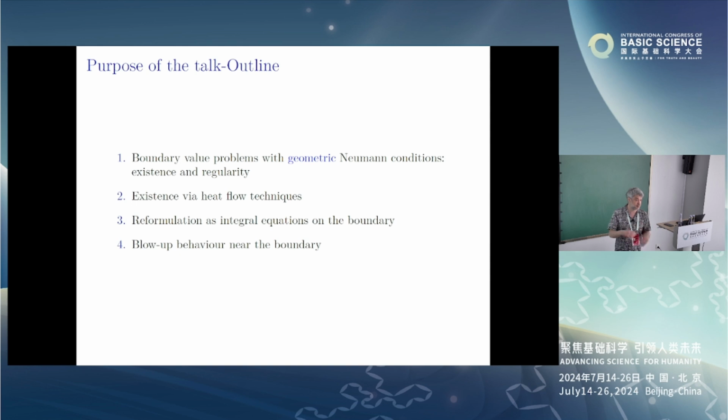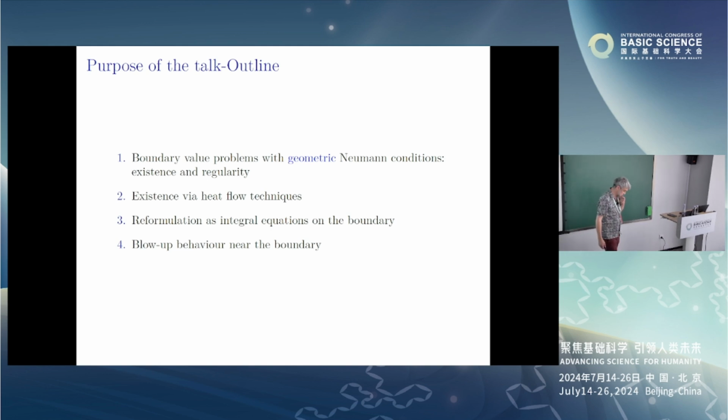And thanks to the developments in PDE related to the study of these equations, it could help greatly to understand those initial problems. In particular, it helps in understanding something that I will be mostly focusing on, which is the appearance of blow-up on the boundary. So this is basically a general outline of the talk.